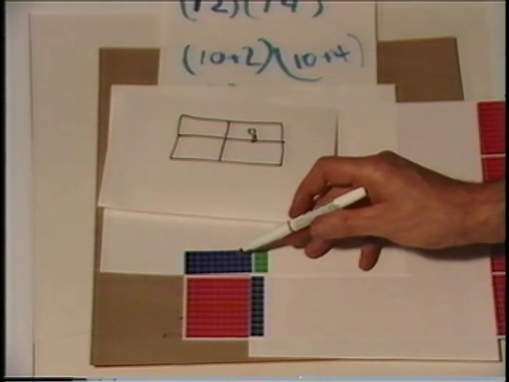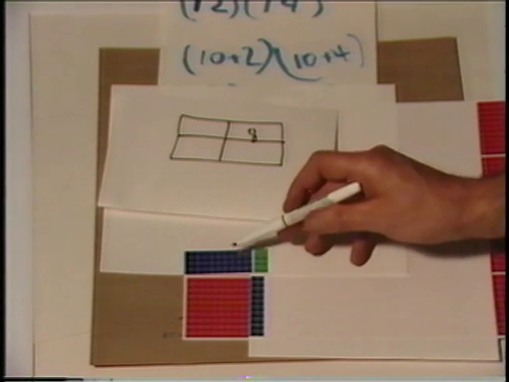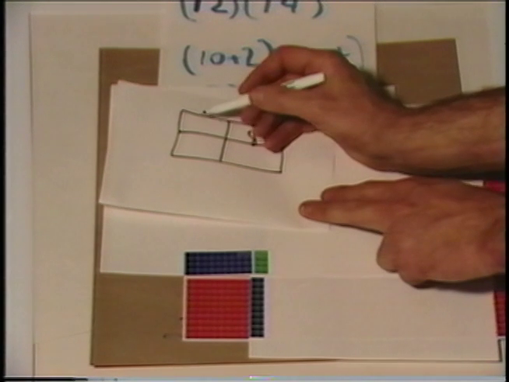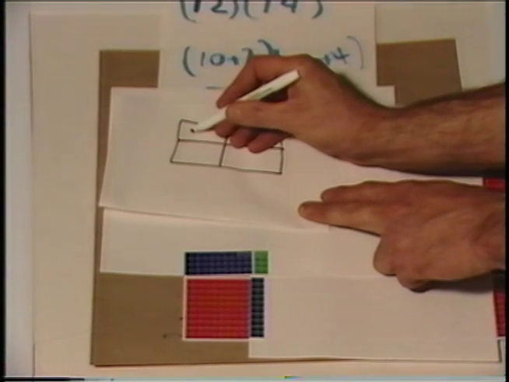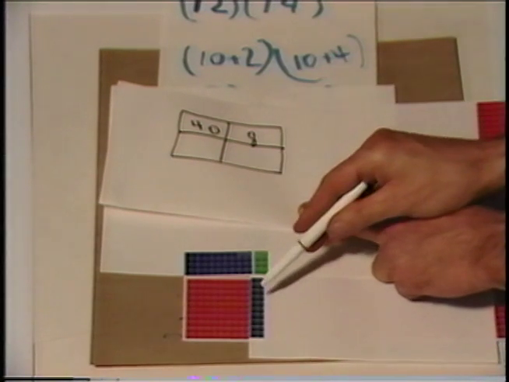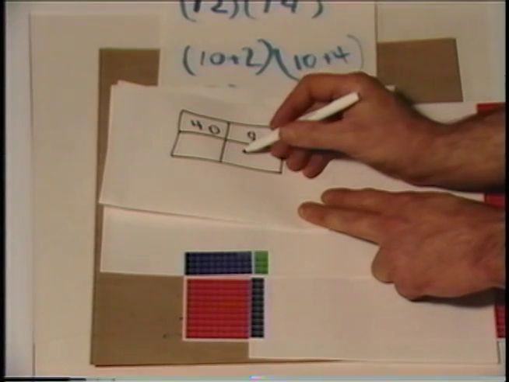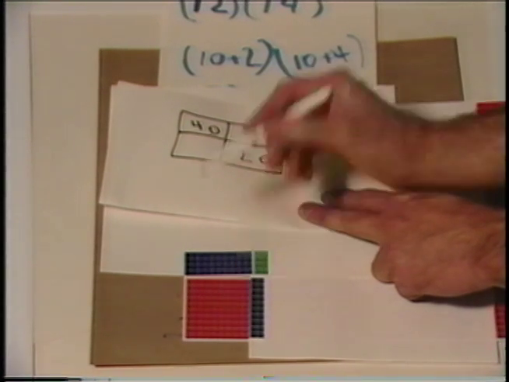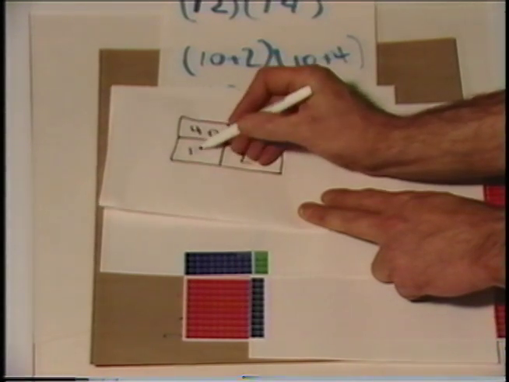There is the rectangle next to the units. It contains 4 tens. Here we have this rectangle with 2 tens. And here we have this rectangle, 100.